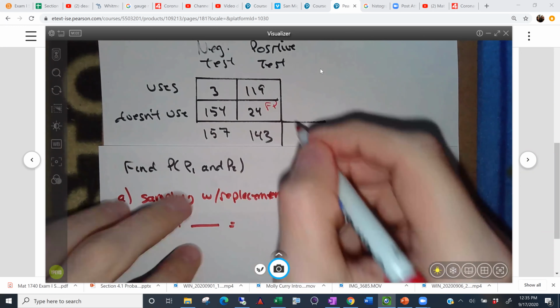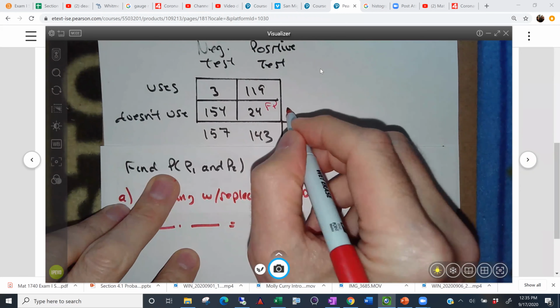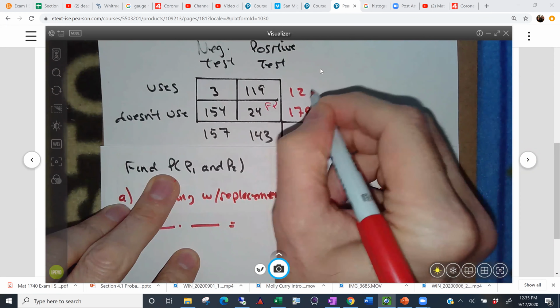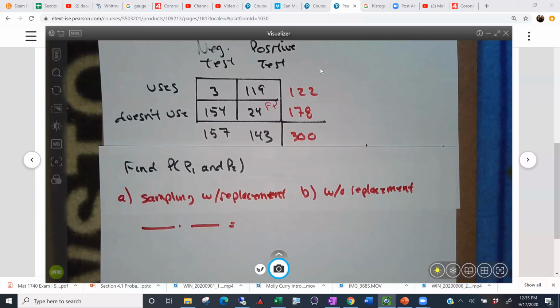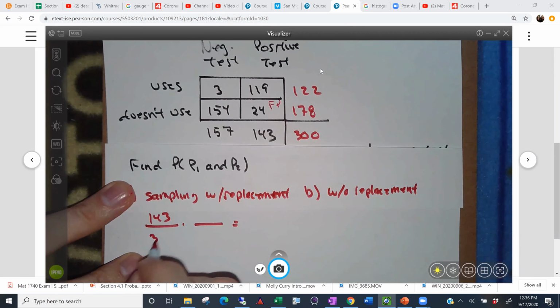I should probably put some marginal totals in here. That would be 300 here, and that'd be 178 and 122. For a positive test, would it be 143 over 300? Thank you. 143 over 300.